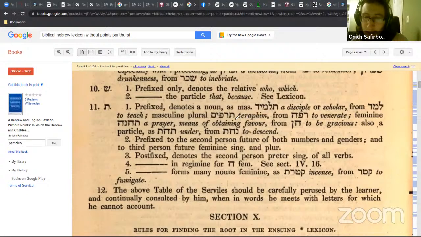Teraphim is usually used to refer to sinful objects of worship, but it comes from the verb to venerate something, rapha. So tav at the beginning, receiving something that receives veneration, object of veneration.